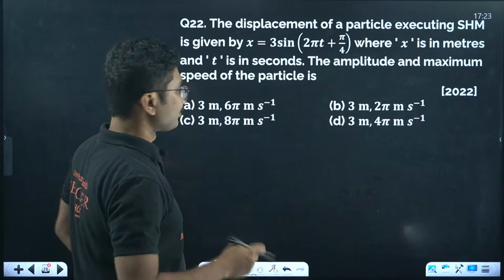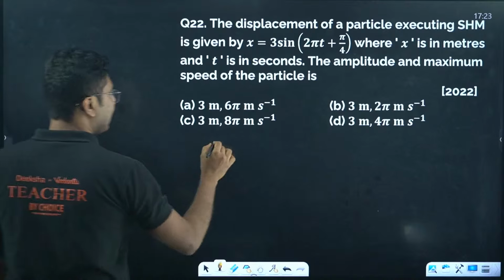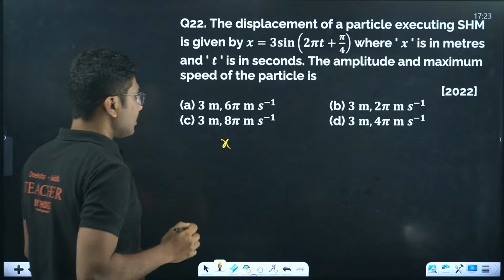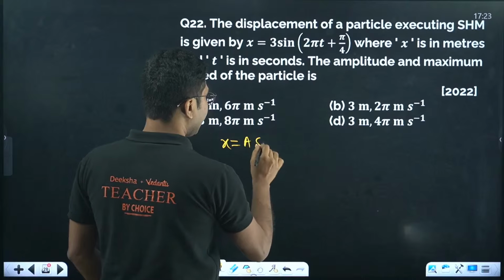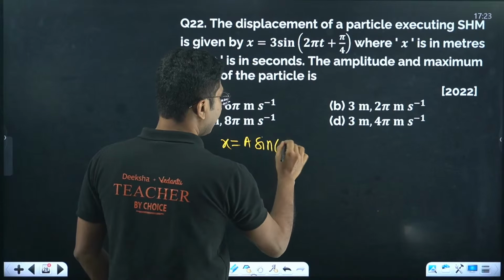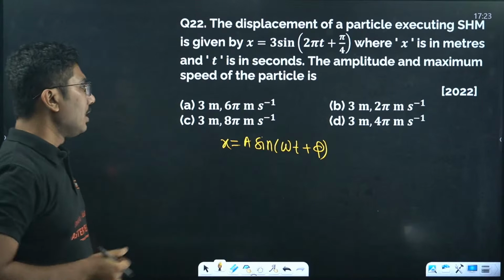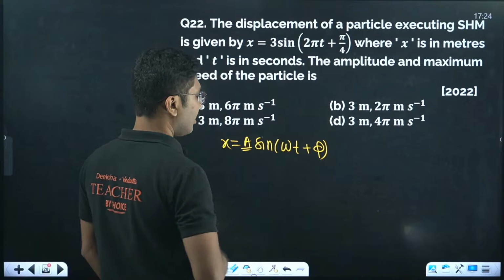Okay, let's see. Here, the question is changed, sorry, somehow it got changed. So this was the question, x equals a sine (omega t plus phi). This is the standard equation of SHM. Here a gives you the amplitude.